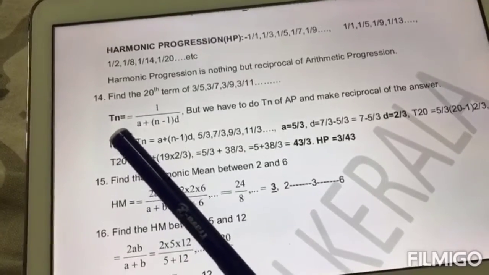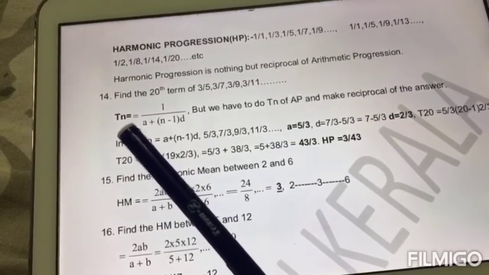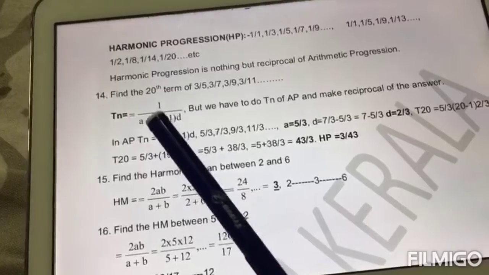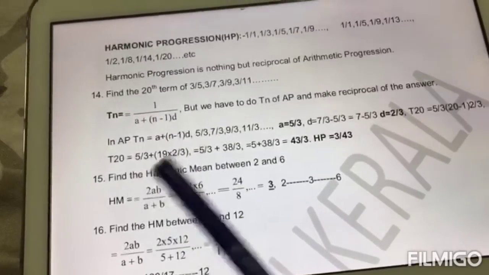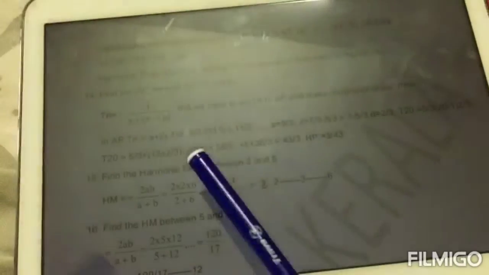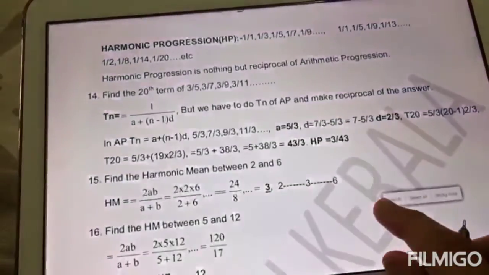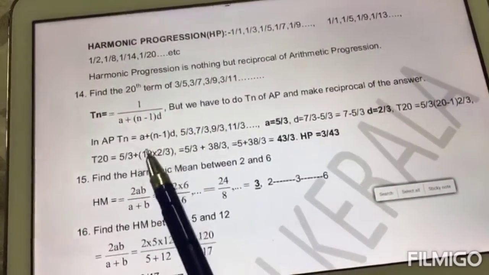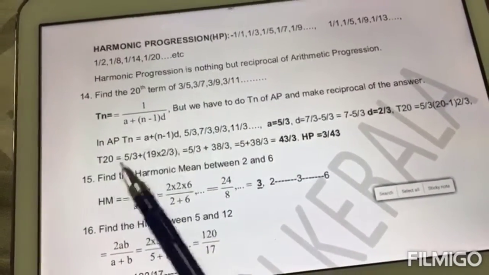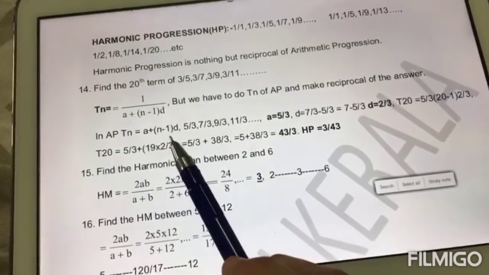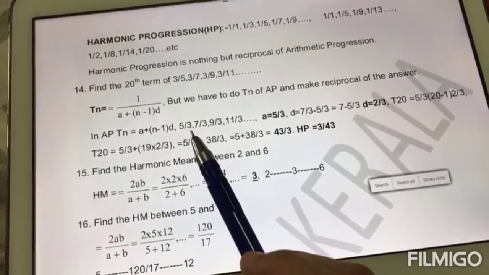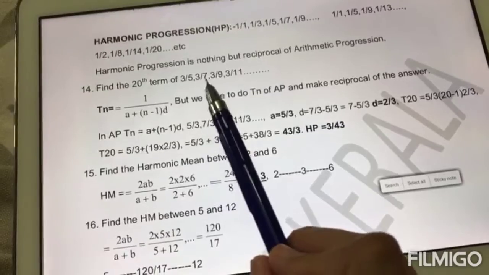The formula is T20 equals 1 divided by A plus n minus 1 D. What you have to do is simply first find the arithmetic progression. Tn in arithmetic progression is A plus n minus 1 D, so just take the reciprocal. It is given as 3 by 5, 3 by 7.